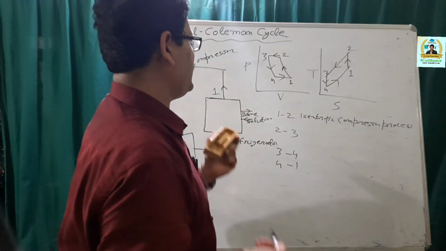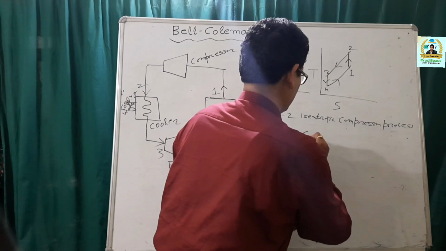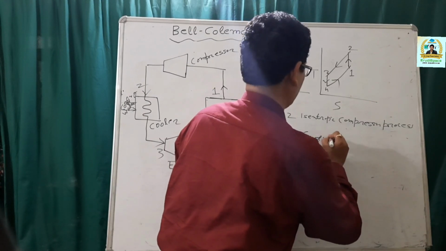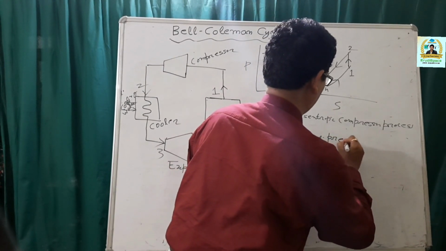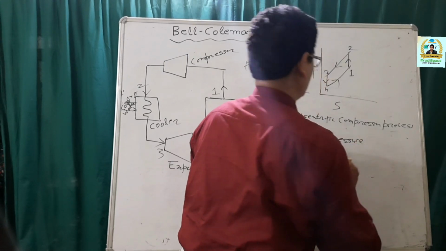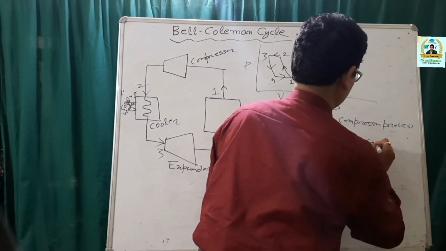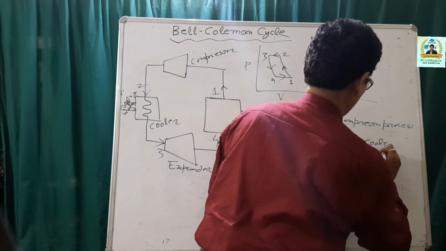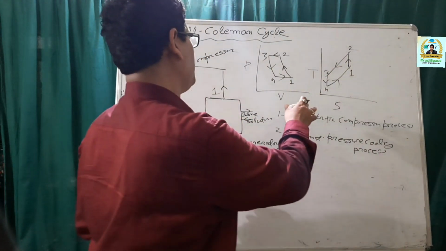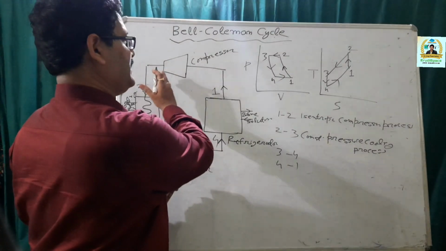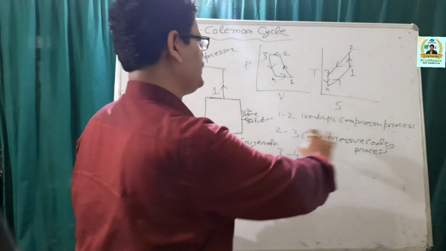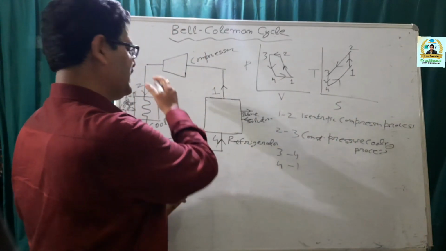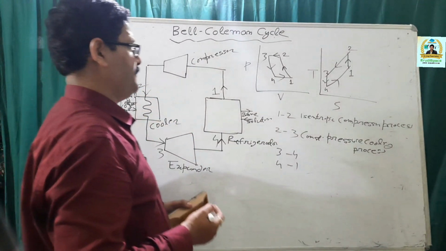The second one is constant pressure cooling process. The isentropic compression process takes place in the compressor, and the constant pressure cooling process takes place in the cooler.